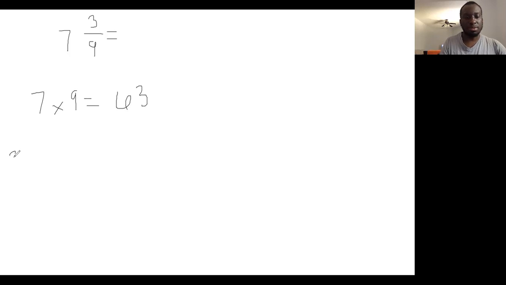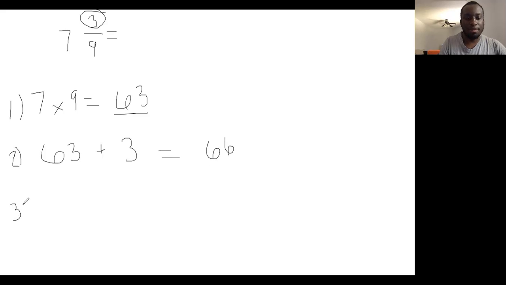My step 2 is to add the product and the numerator. My product is 63 plus my numerator is 3. 63 plus 3 is 66. 66 is going to be my new numerator.